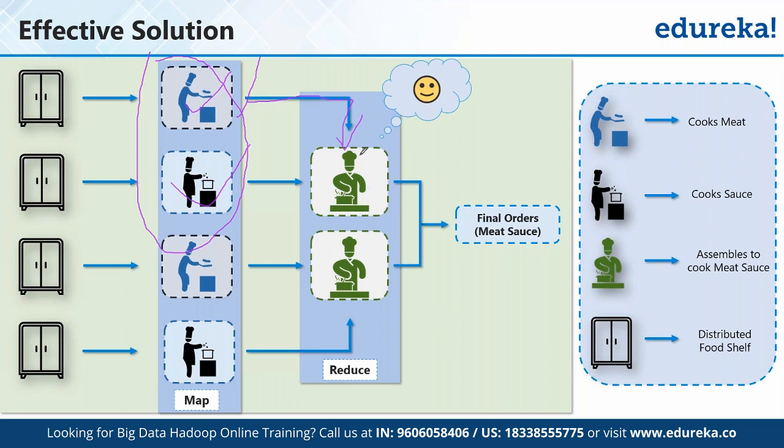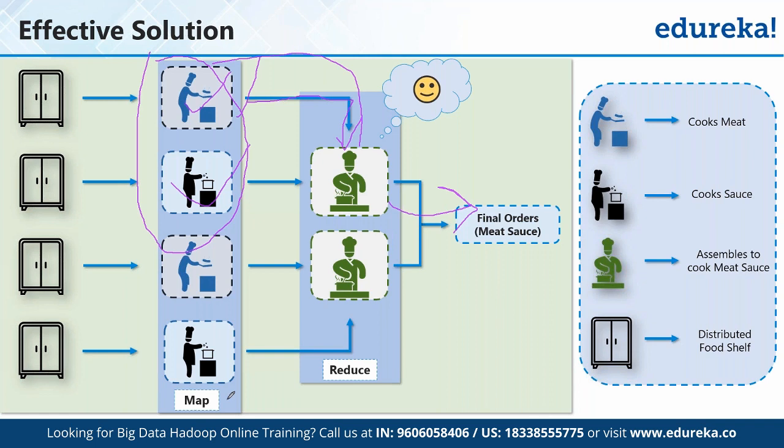Cook the meat, cook the sauce, and then mix them up. All that is prepared from here comes to this layer, gets mixed up, and then you deliver your final order. We are actually doing it in a distributed manner. Things are happening in parallel, and then finally you get them together in the second, reduce layer.